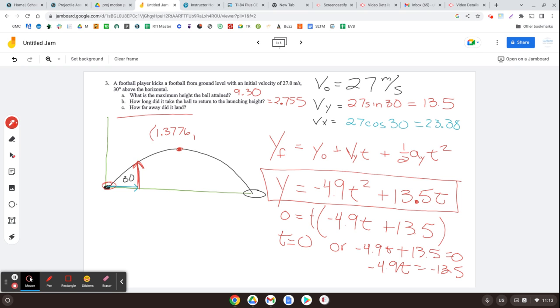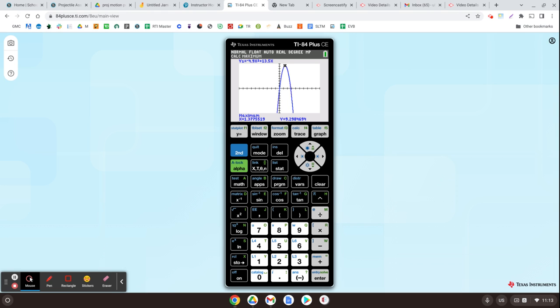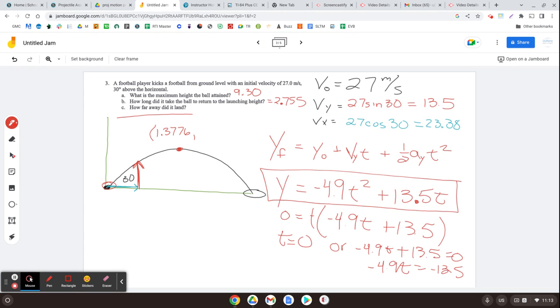And then how far away did it land? Let's go calculate 0. We already found the x value, but we need... Oh, no. Hold on. Time out. Let's go back to that. For part C, I need distance equals rate times time. Distance is what we're looking for.